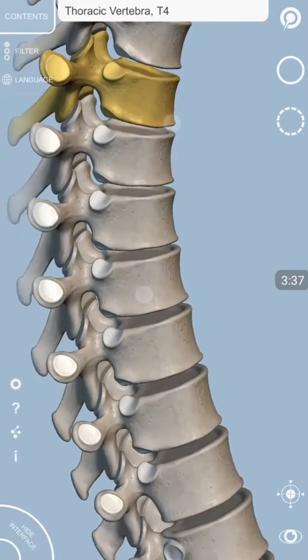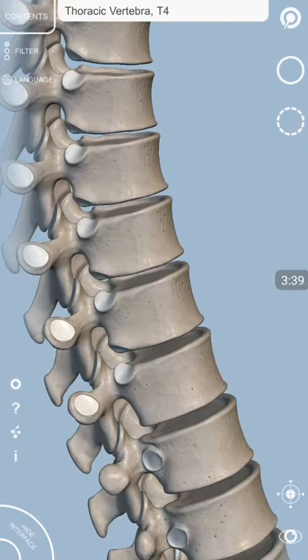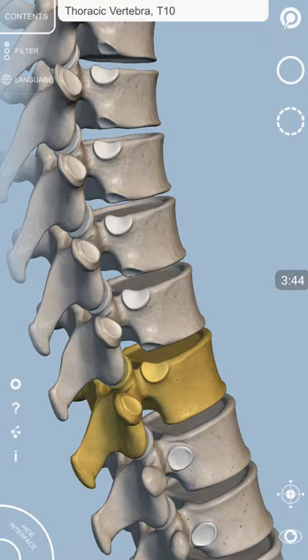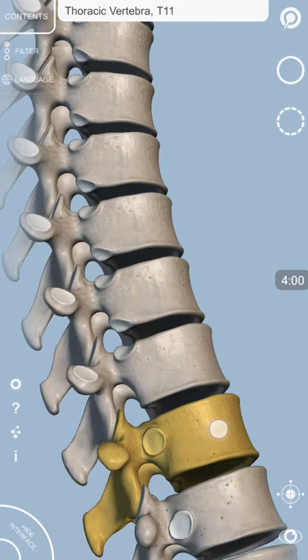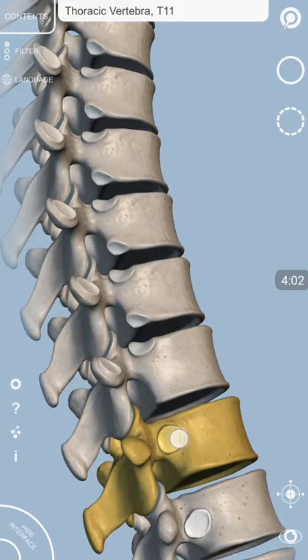When you go down further, you see that this is the ninth thoracic vertebra, where you are not seeing any inferior demifacet. Rather, there is only one demifacet near the upper part of the vertebral body. When it comes to the 10th thoracic vertebra, the demifacets are gone.